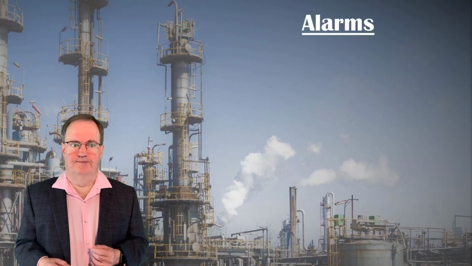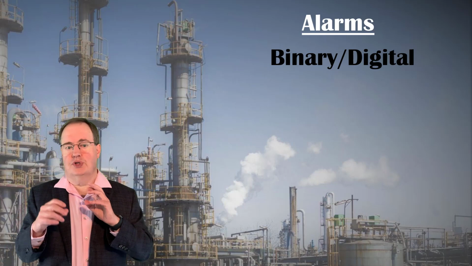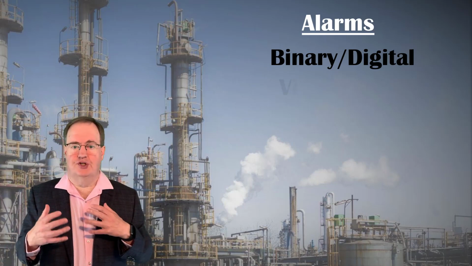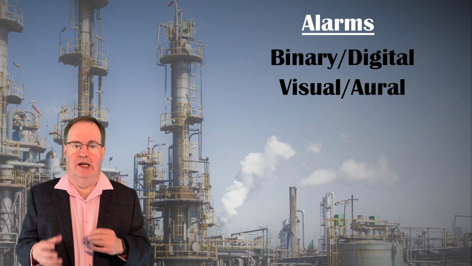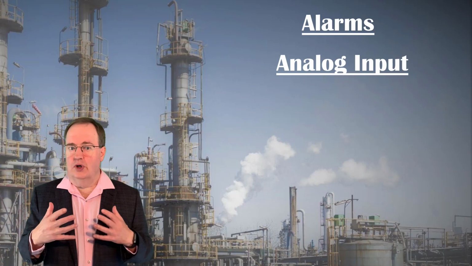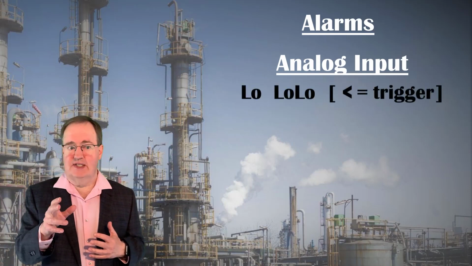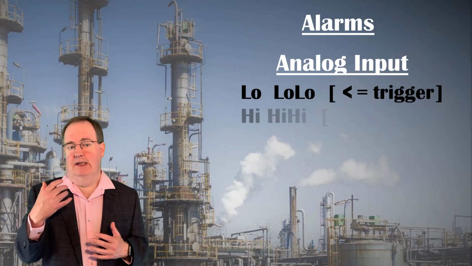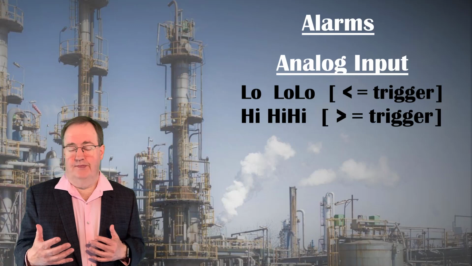What is an alarm? An alarm is a binary condition, true or false, usually indicating an unusual situation, usually accompanied by a visual or oral indicator. The standard analog input has 4 default alarms, low and low-low, which are less than or equal to alarms, and high and high-high, which are greater than or equal to alarms.